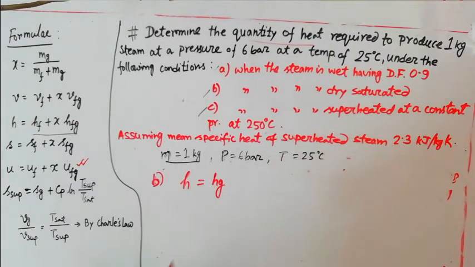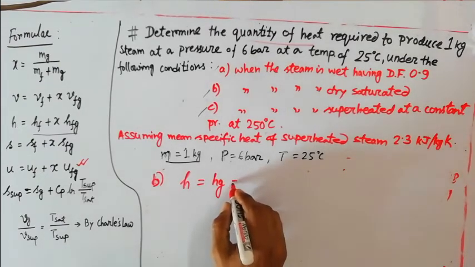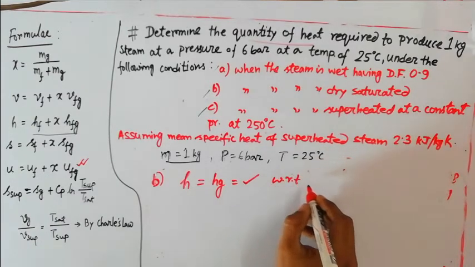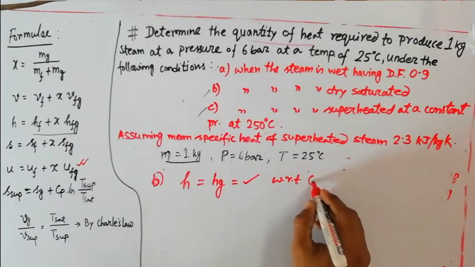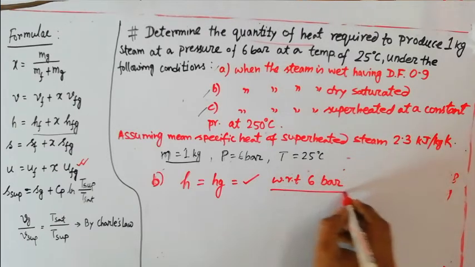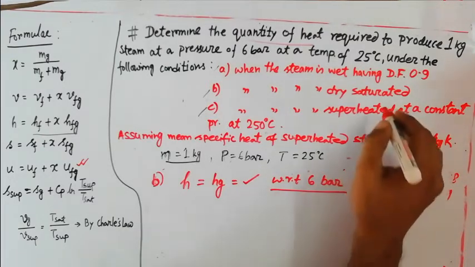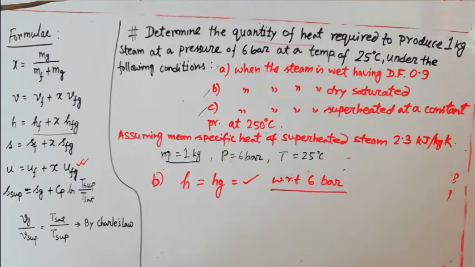That is the saturated condition, and the Hg value you can get from the steam table with respect to 6 bar pressure. That is the heat stored in that particular dry saturated steam.